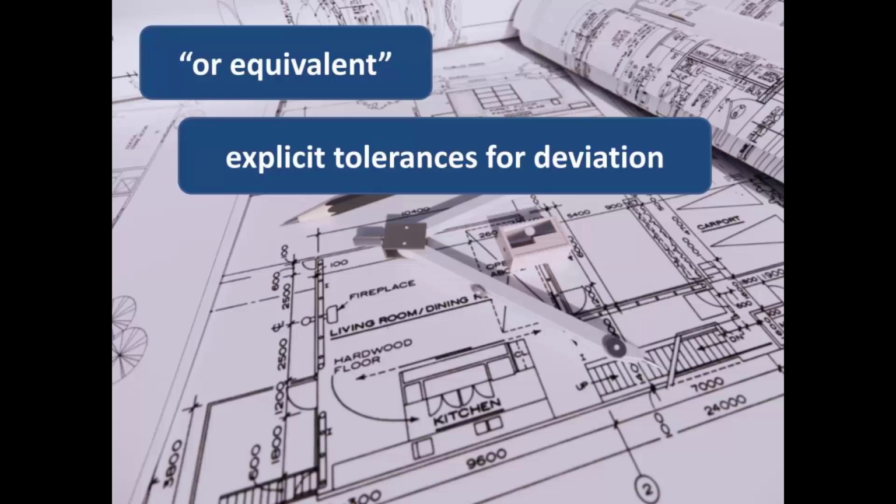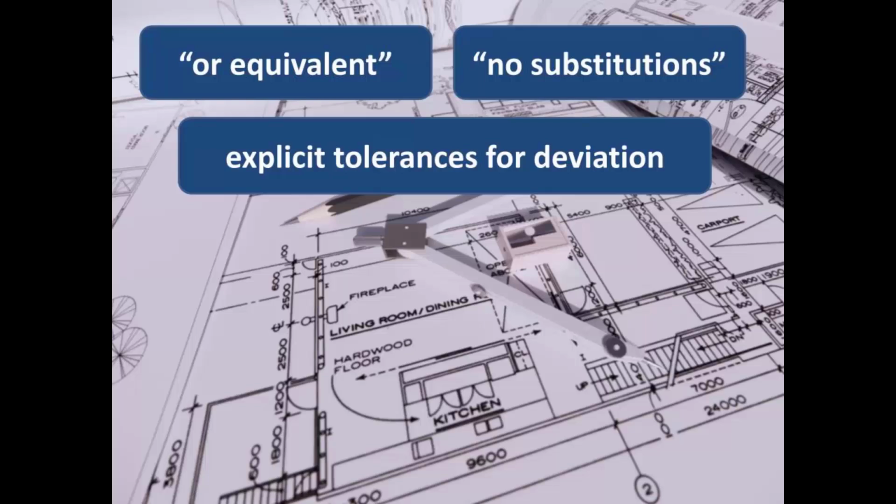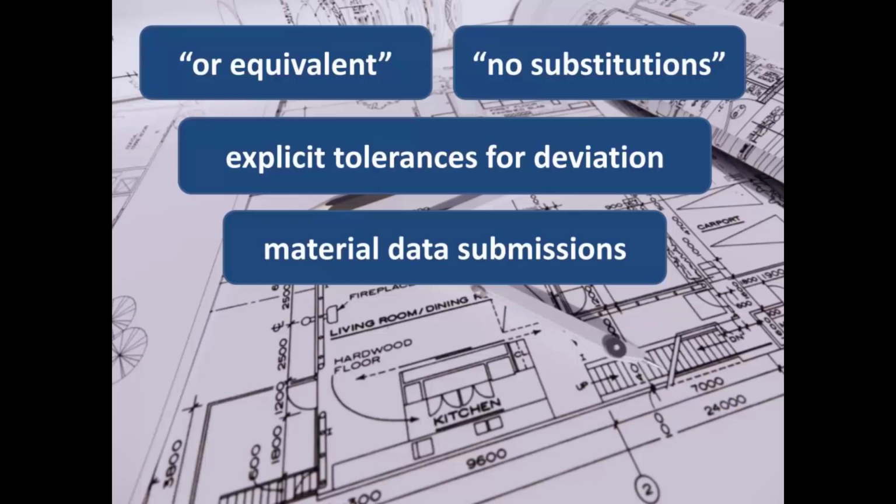The specs will sometimes say, use brand X, no substitutions. For example, where a school system stocks replacement parts for only one brand of door hardware or light fixture. Contracts often require so-called material data submissions from contractors, itemizing exactly what materials they will use.